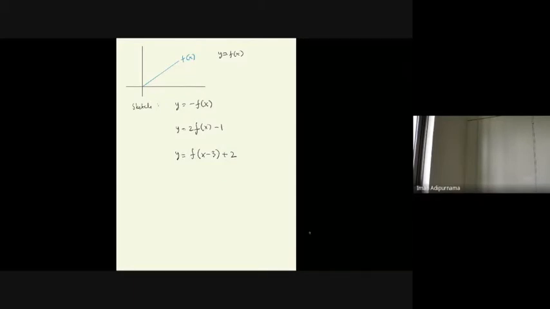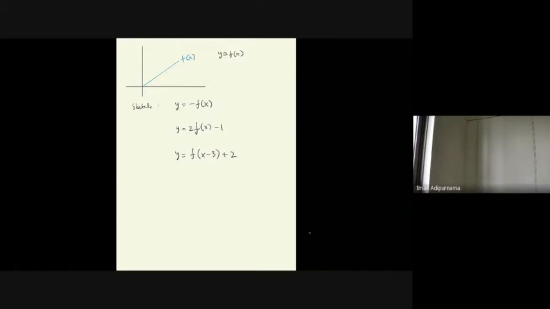It's probably faster. But if not, you can try to draw and then imagine. You can say that f(x) is just x, y equals x. Making things easier to calculate is also fine.